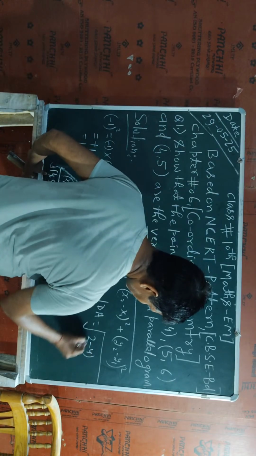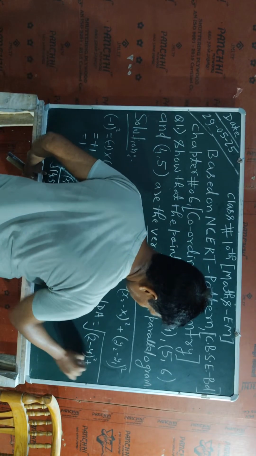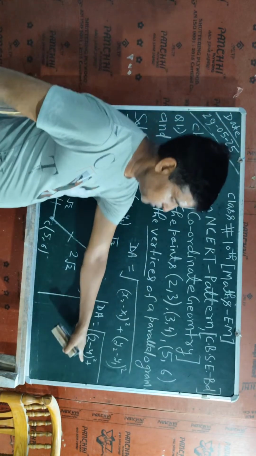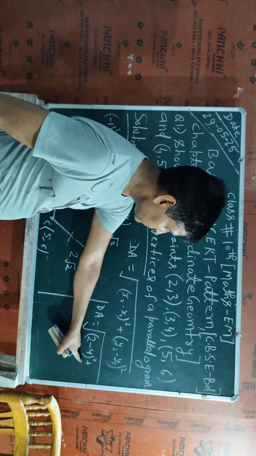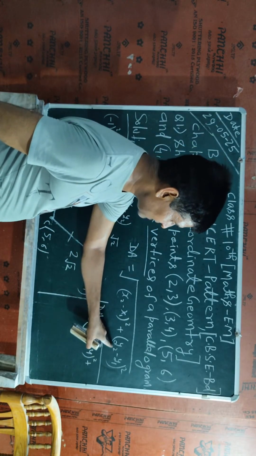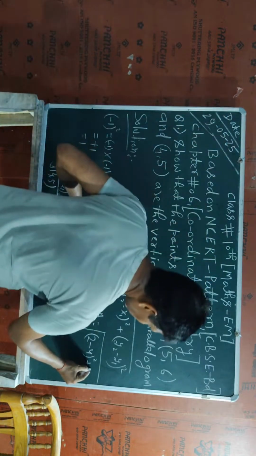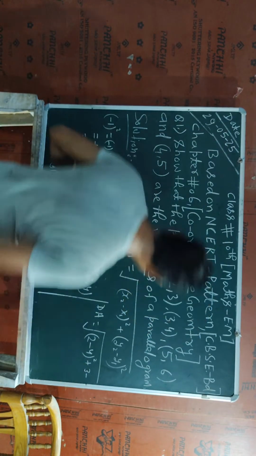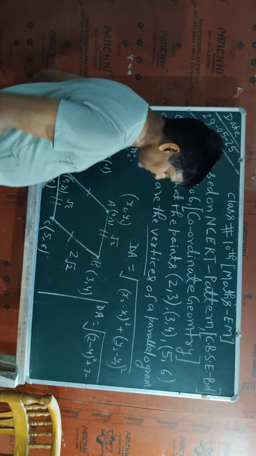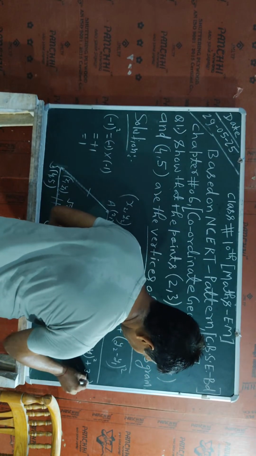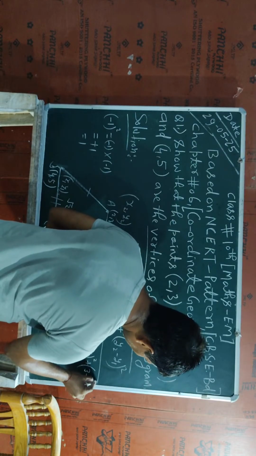So here I will put minus 4 whole square plus, and then in the bracket I will write y2 minus y1. The value of y2 is 3, and the value of y1 is 5. So here I will put 5, and then I will write square.